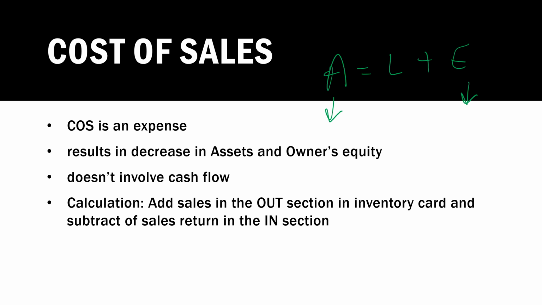But remember, it's one of those expenses that isn't really resulting in a cash outflow. Hence why it's not impacting our cash flow statement. And the calculation of it involves adding all the sales in the out section in the inventory card and subtracting all of the sales returns that are in the in section of the inventory card.